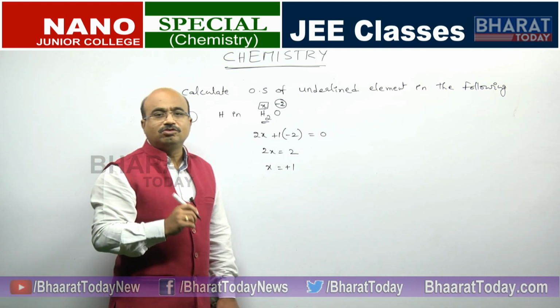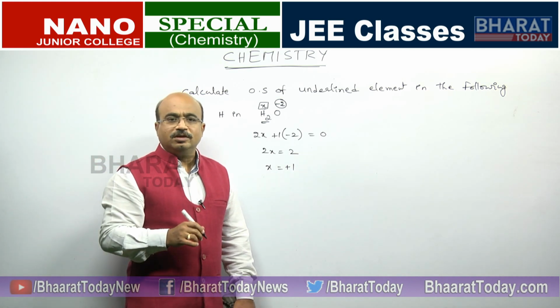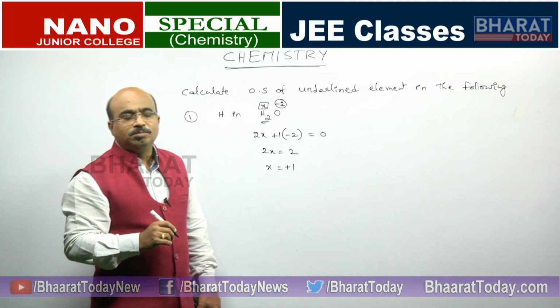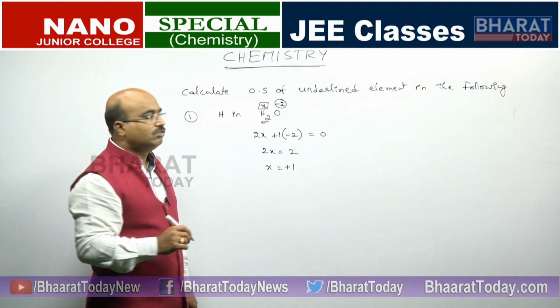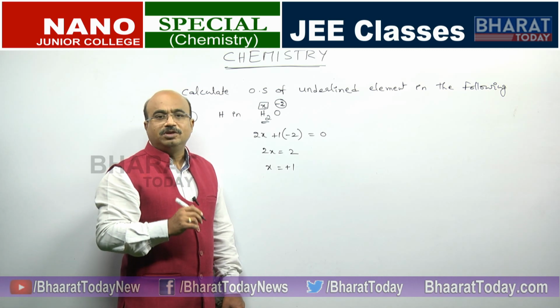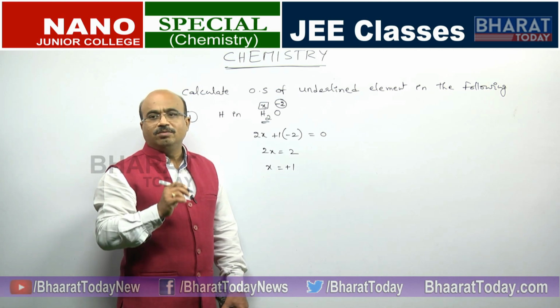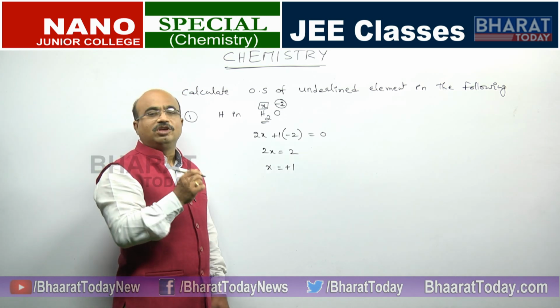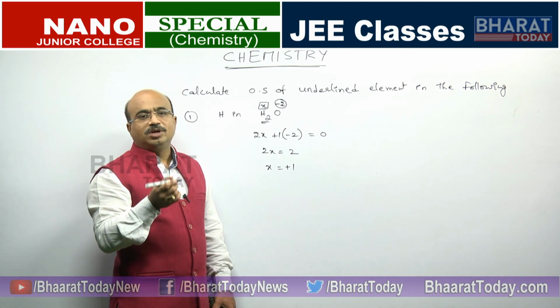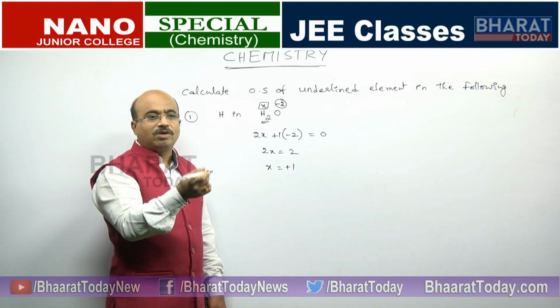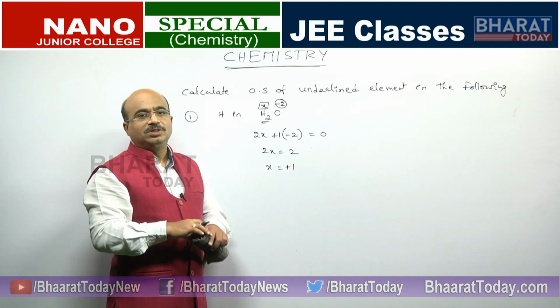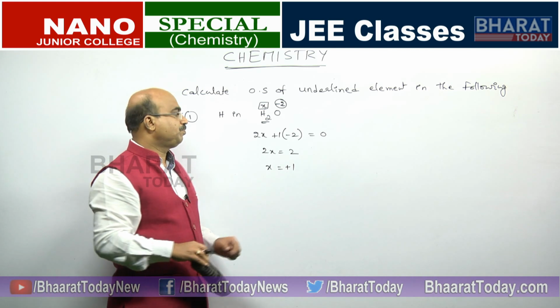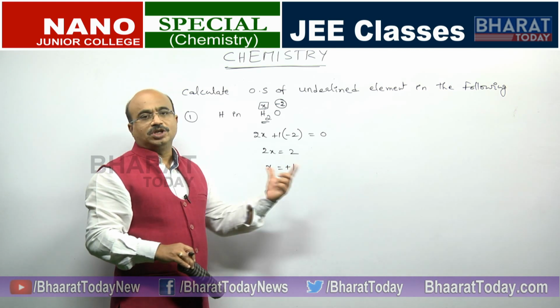By default it is understood, if you do not write anything, it is positive only, but as we are trying to calculate the oxidation state, which is nothing but the charge, always try to mention the sign. If you have 0, you need not mention, but if you have 1 or 2 or 3 or half or something, then always try to mention the sign convention.